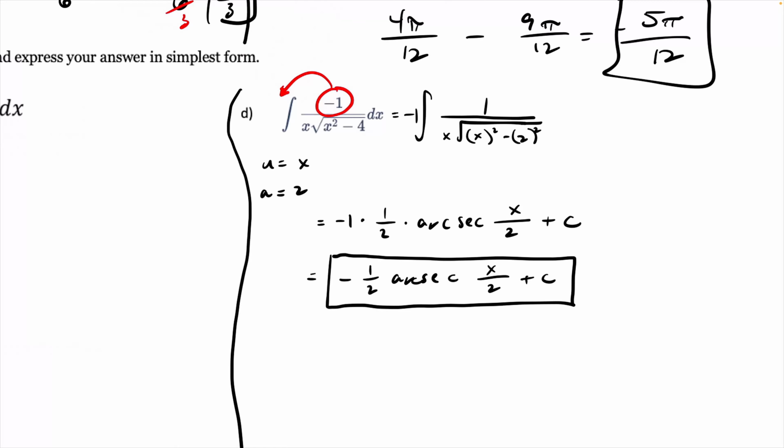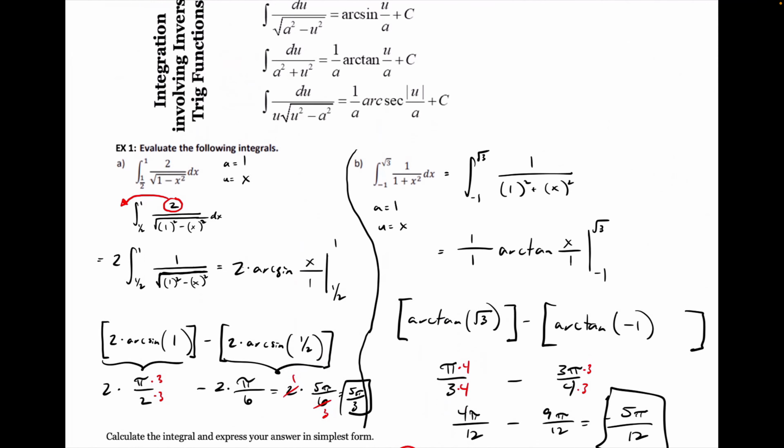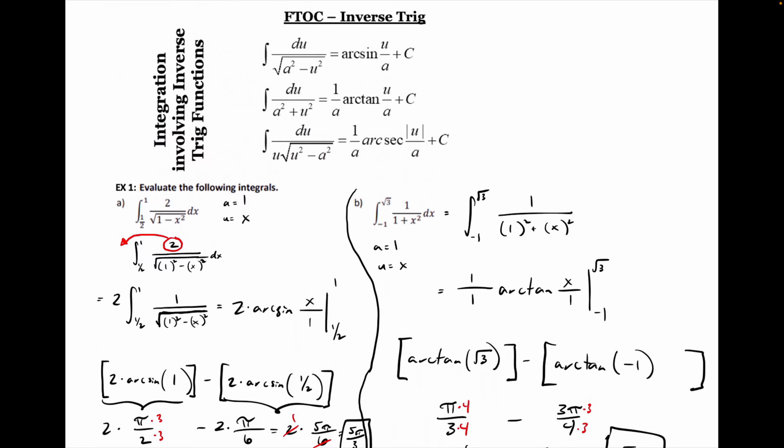Is there an easier way to identify it versus plugging it in? So the way I do it is if you have something with a square root on the bottom, right? Because these guys always have square roots on the bottom, except for arctangent. And then there's always an a squared and a u squared, right? So if both of these numbers are squares, that kind of gives it away.